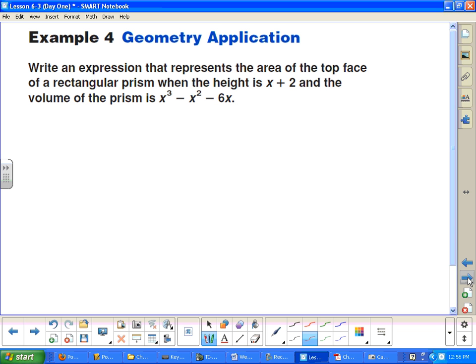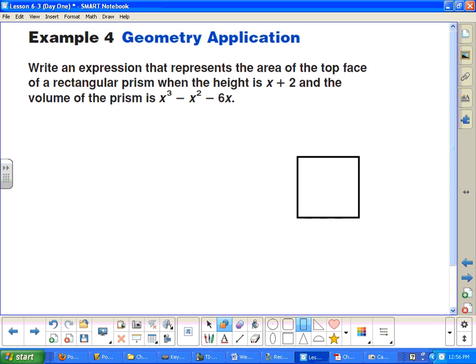So how do I find the volume of a box? Length times width times height. Okay, so if I draw a box here, rectangular. There we go. Close enough.